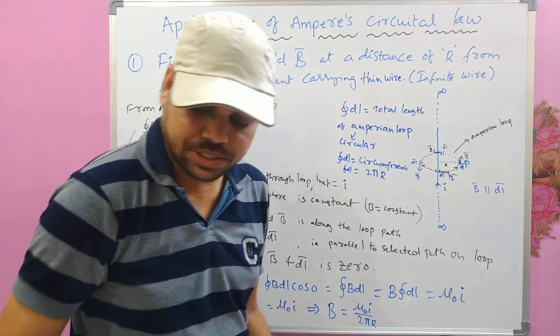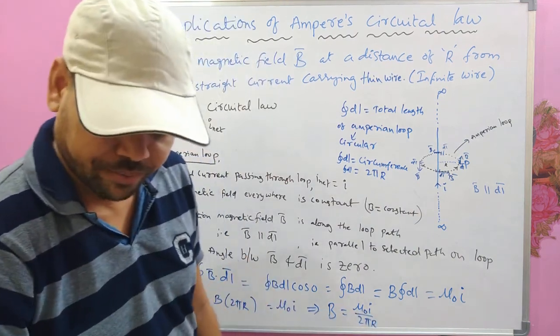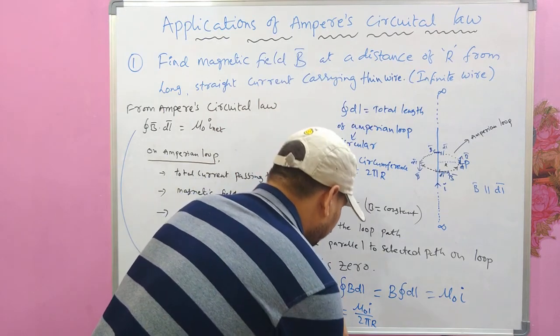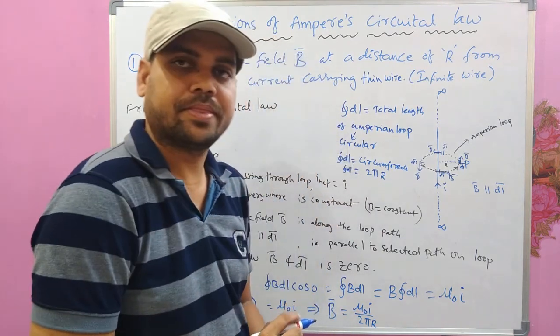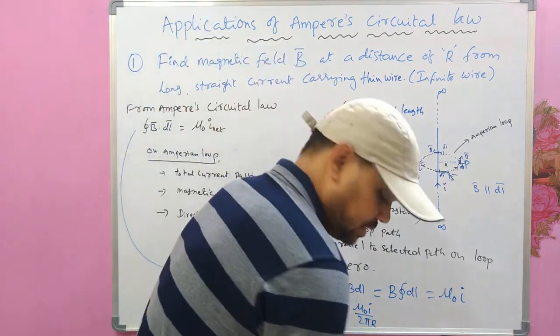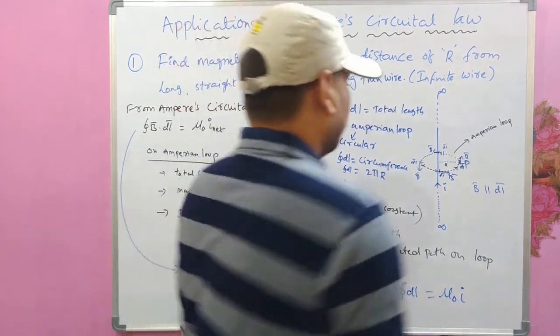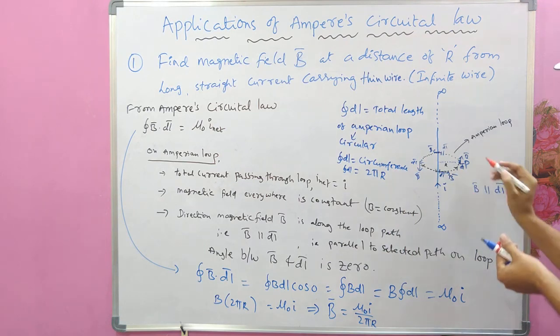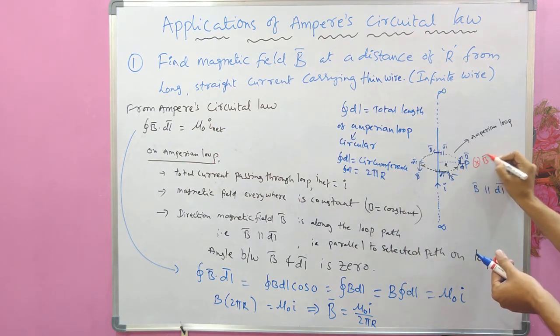This is the magnitude. If we mention the direction, then we can put a bar here, and according to the right hand thumb rule, the magnetic field at this point is inwards.